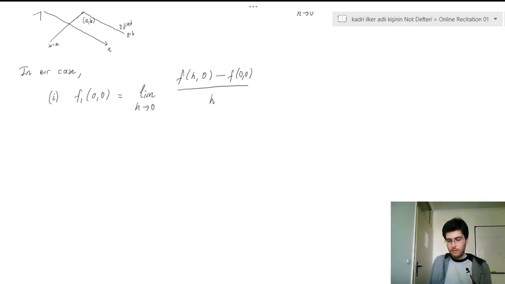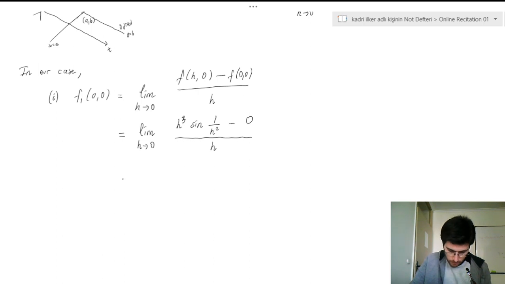And here is the definition. Now I'll just compute it. Since the definition of f is already given, just substitute. I guess this is 3, right? Sine, what was it? 1 over h squared, minus 0, and divided by h, right? So let's see what we have.